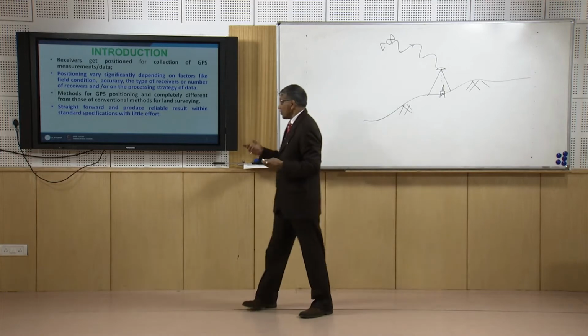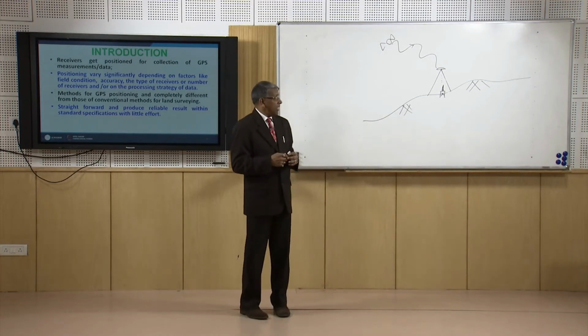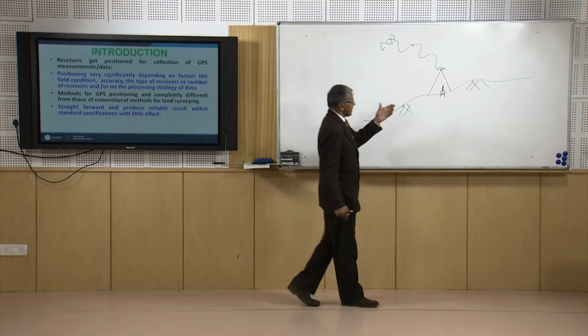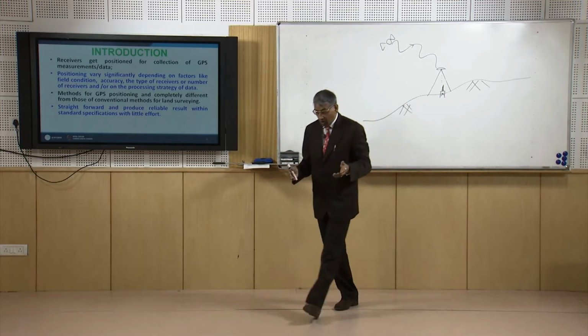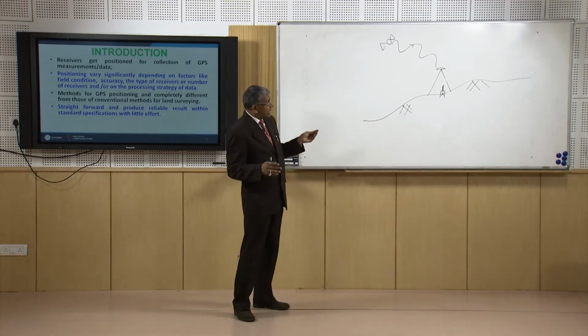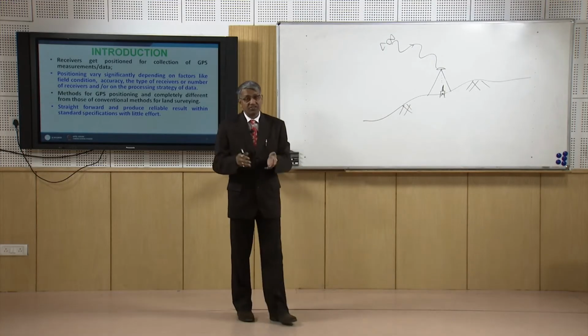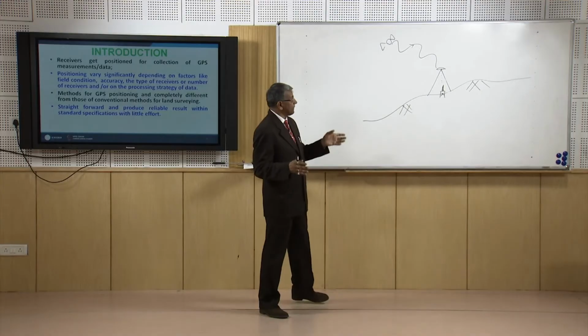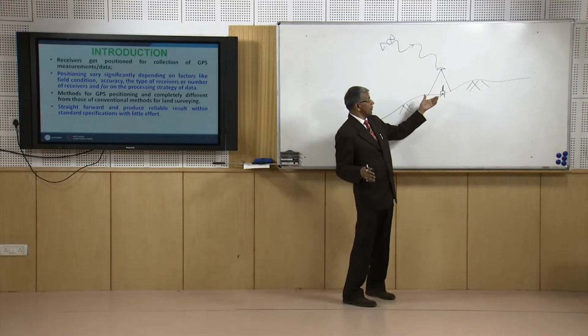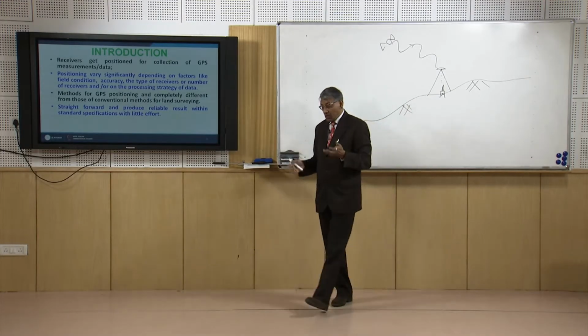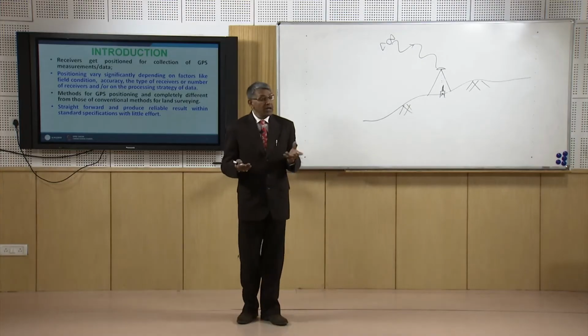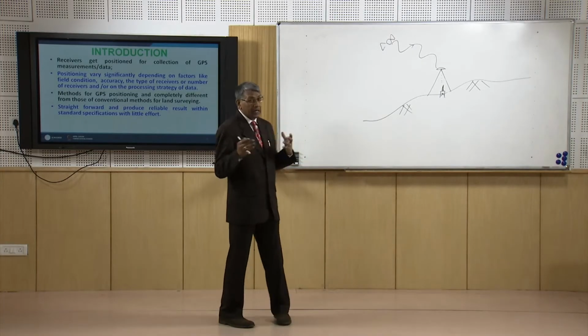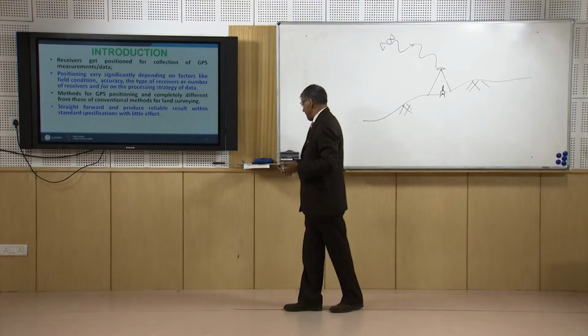So, that is what we will discuss. However, one thing is sure: every method of positioning is very simple and straightforward. The instrument is placed just above the control point and the GPS receiver will receive the data and other information depending upon the method.